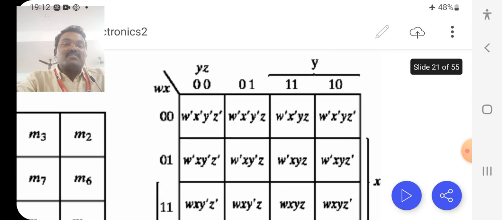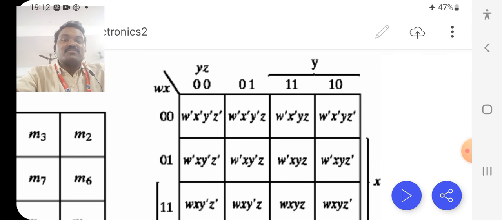Now consider the first cell. In the first cell, taking the rows and columns, the first cell square box is marked 0, 0 and column wise 0, 0. So 0, 0 means I am taking the SOP format minterm value.